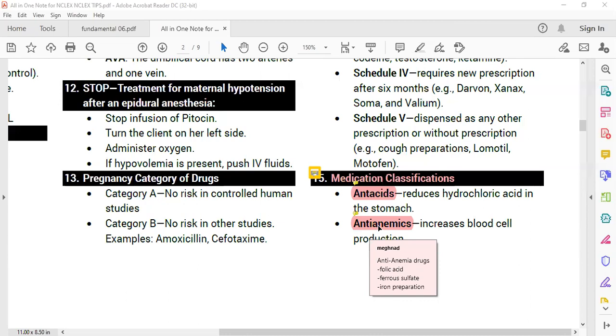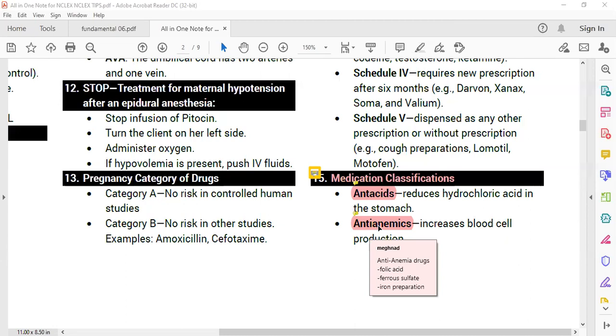Also, it is important to know, if you give the iron orally, use a straw. Why? We use the straw to prevent staining of the teeth.